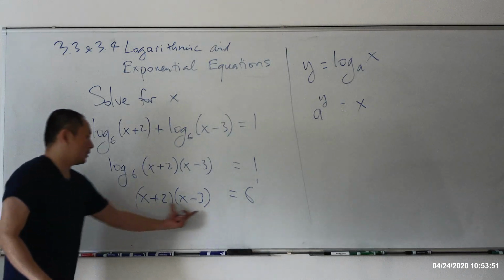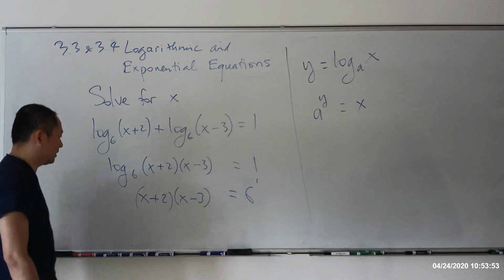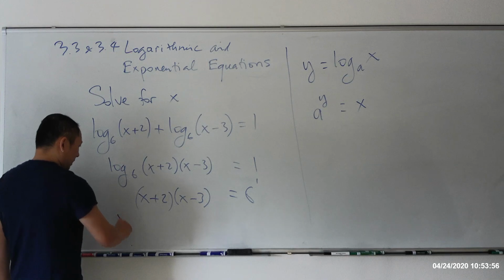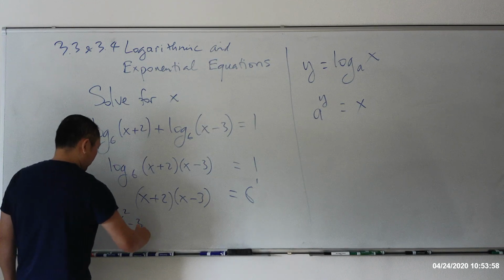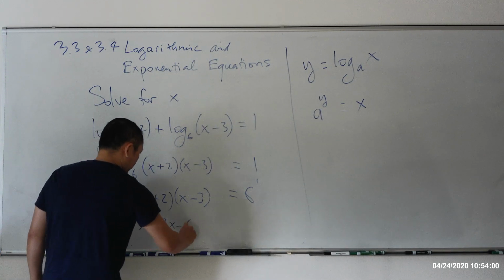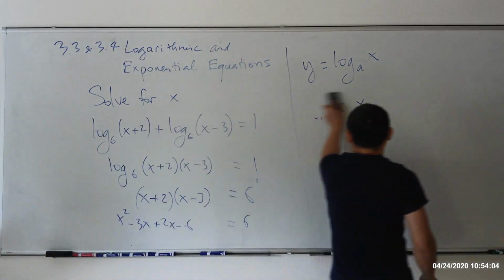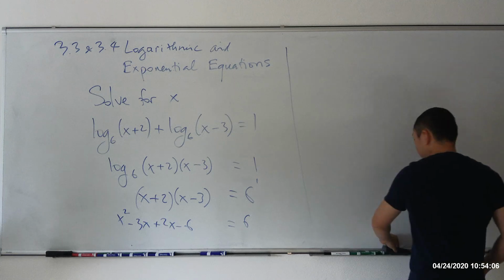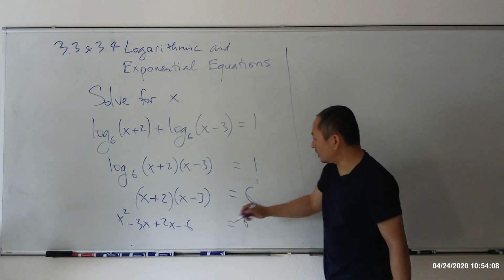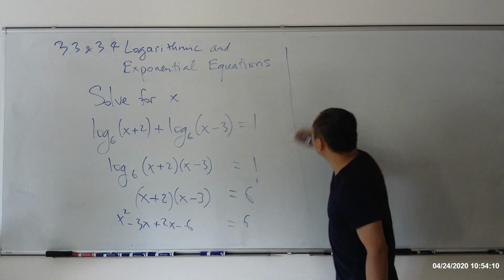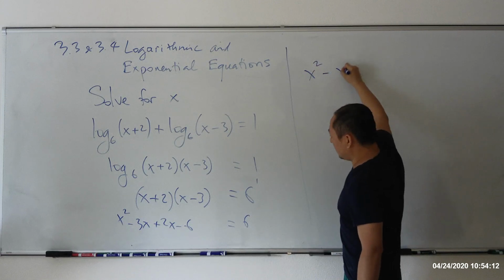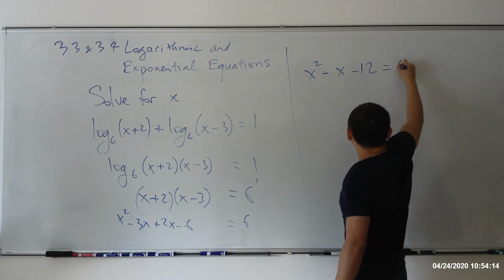Okay? Now you multiply them all out, combine the like terms, and simplify. This is what? x squared minus 3x plus 2x minus 6 equal to 6. You see that we have a quadratic. Subtract the 6 on both sides, combine the like terms. We have x squared minus x minus 12 equal to 0.